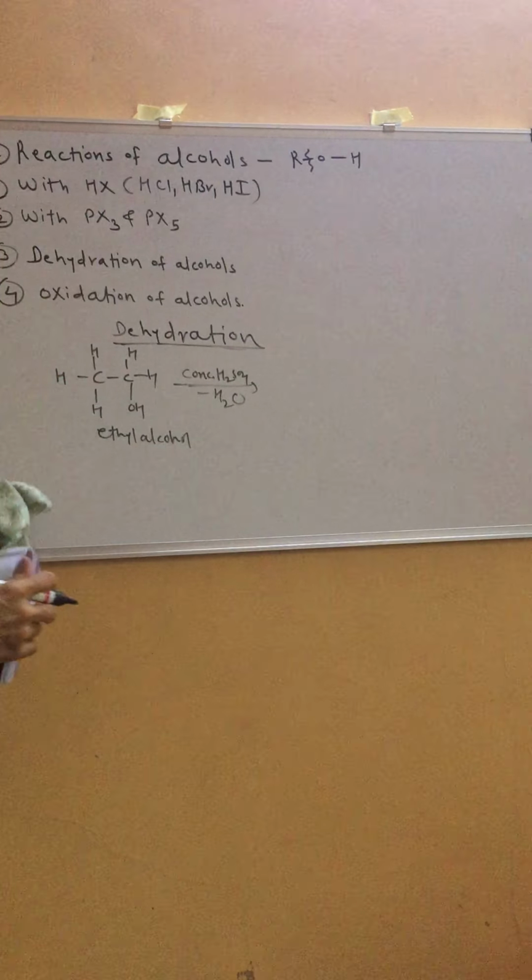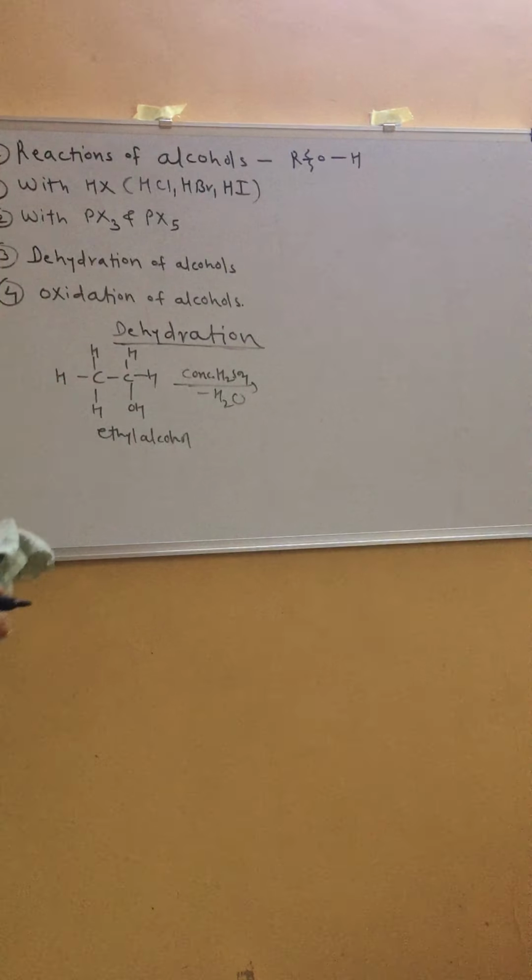So there will be loss of a water molecule, elimination. Hydrogen from one carbon atom and OH from another carbon atom will be eliminated in the form of water, minus water. And what is left? We will get an alkene, CH2 double bond CH2, ethene. Ethyl alcohol to ethene, isn't it?